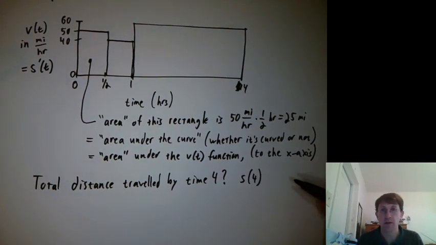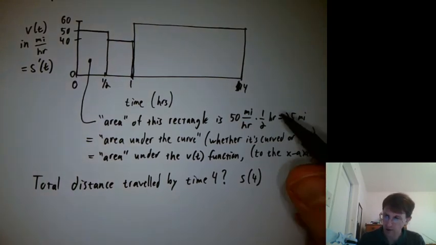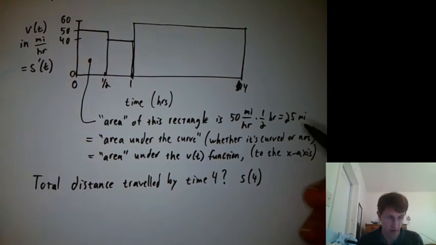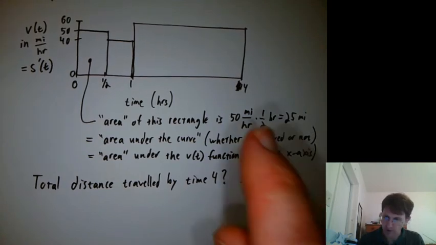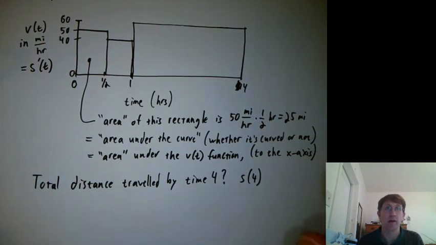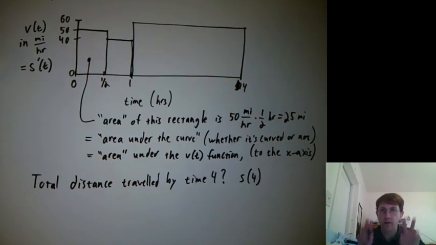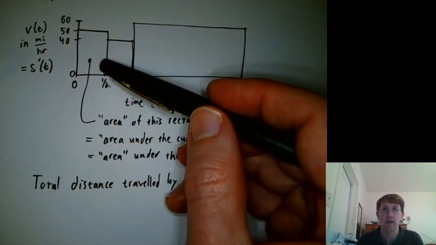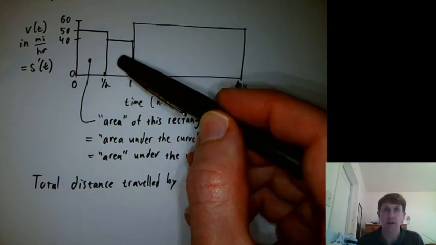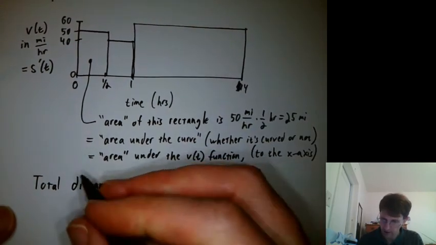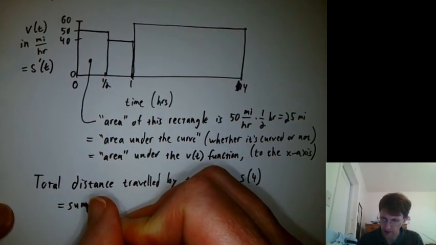S of 4 would be the name for that. We know above we calculated it at 225. But what's a way of interpreting it from this graph? It's this box area, which was 25 miles, and this box area, which was 20, and this box area, which was 180. So it's the sum of the 3 box areas.